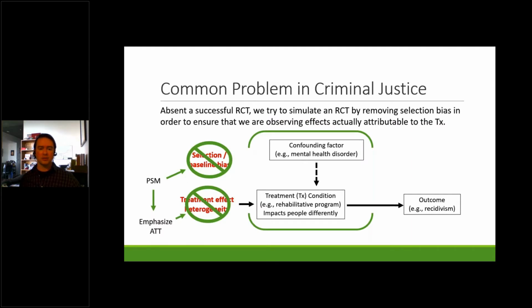Absent a successful RCT, we try to simulate this by removing selection bias, or using PSM, in order to ensure that we are observing effects actually attributable to the treatment. In removing the selection bias, we also structure and somewhat control for treatment effect heterogeneity as we emphasize average treatment effect for the treated.